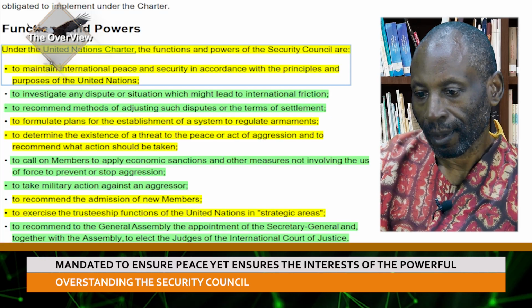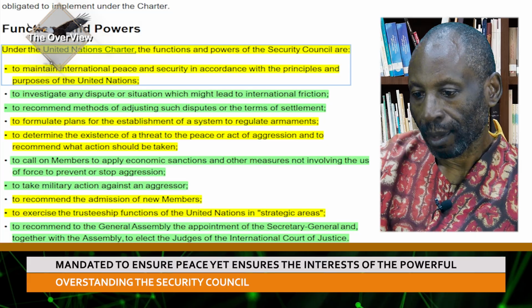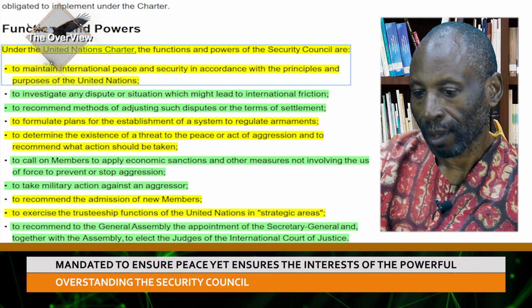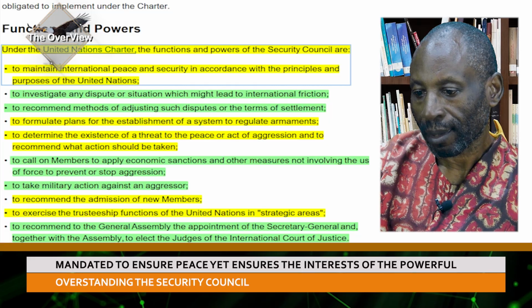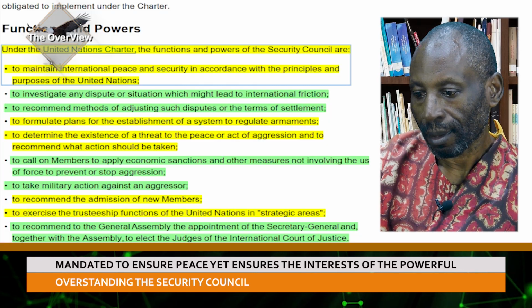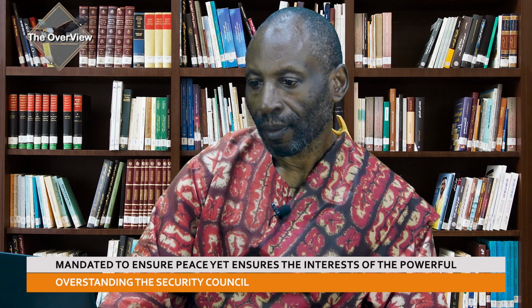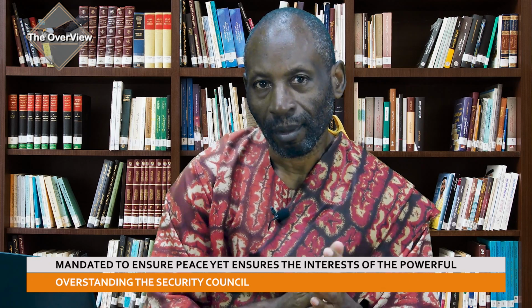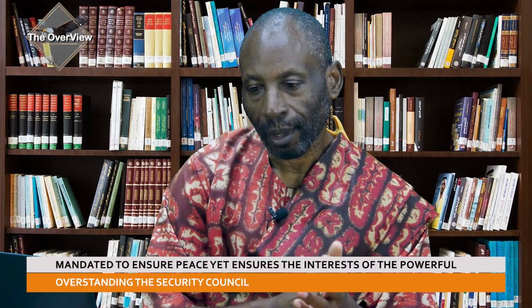And the last one is to recommend to the General Assembly the appointment of the Secretary General, together with the Assembly, to elect judges of the International Court of Justice.